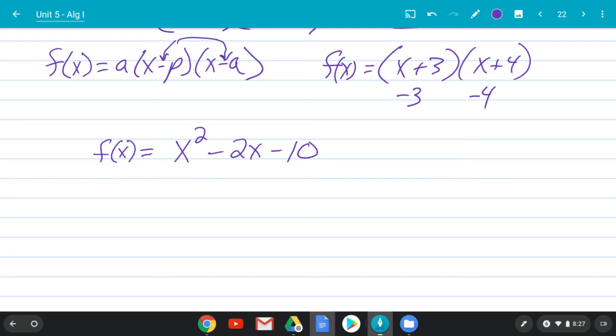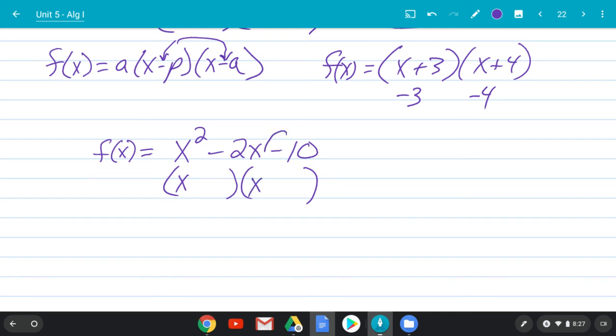What's the first step? GCF. Is there a GCF? No. Now what? Leading coefficient. Is there a leading coefficient? No. So, everybody said split the signs. Put an X in each.